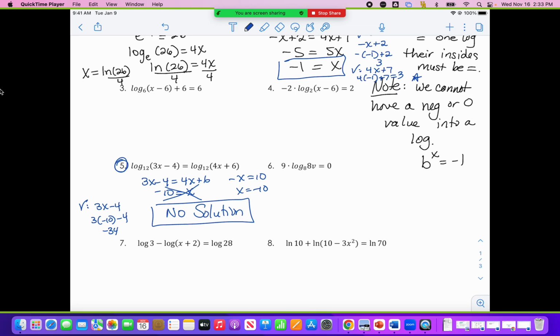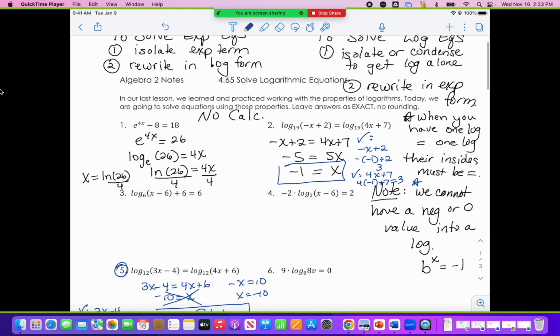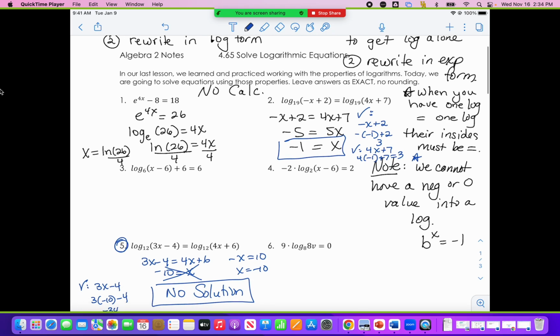Okay, now in number 3, I don't have a log on both sides. So step 1 is isolate the log. So I'm going to start in number 3 by subtracting 6 from both sides. So when I have a log equation, if I don't have a log on both sides, then I'm going to just isolate it.